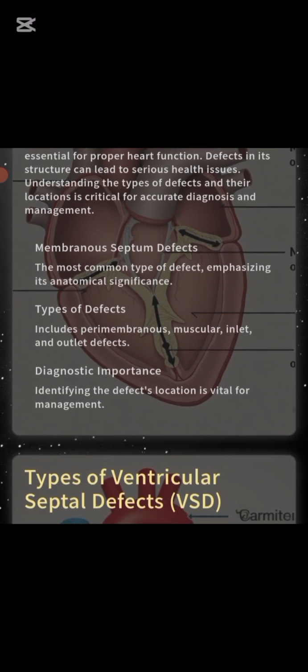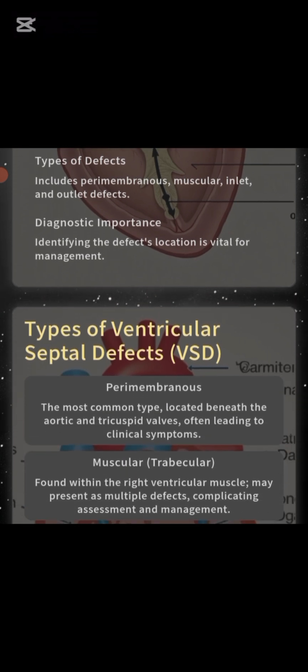Membranous septum defect is the most common type of defect, emphasizing its anatomical significance. Types of defects include perimembranous, muscular, inlet, and outlet. Diagnostic importance: identifying the defect location is vital for management.